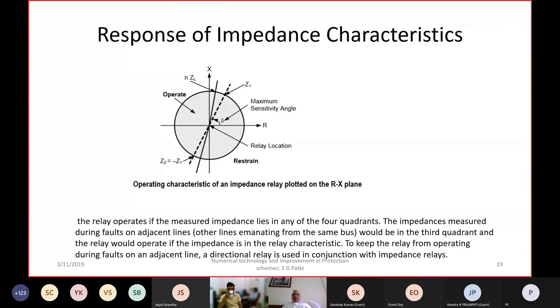So this was earlier used in a distance relay, and some of our senior engineers will remember, in electromechanical relay or even static relay, we used to call this a starter zone. So the starter zone used to be an all-encompassing zone for the grid.